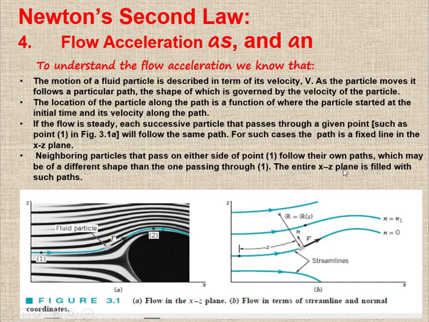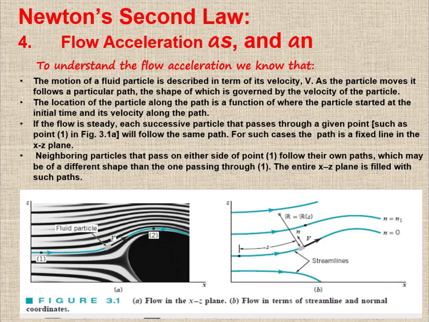The entire xz plane is filled with such paths. All the particles neighboring point 1 will follow their own path, and the whole coordinate system will be filled with these lines, and these lines are called streamlines.